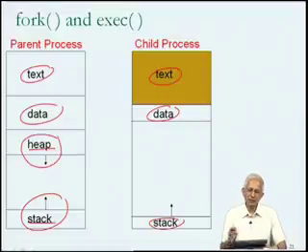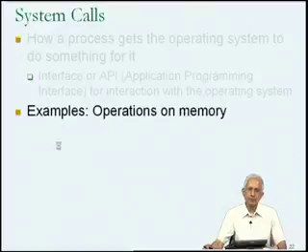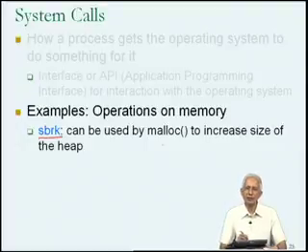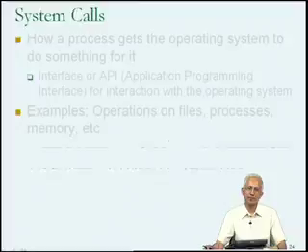Now, as it happens, the growth and shrinkage of the heap is managed by the memory allocation library, and in most cases not along the lines of how the stack growth and shrinkage are managed. Rather, every once in a while, the memory allocation library will request the operating system to increase the size of its allocation.